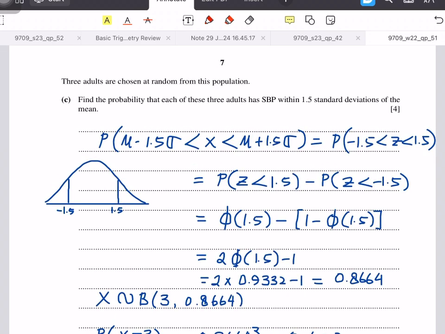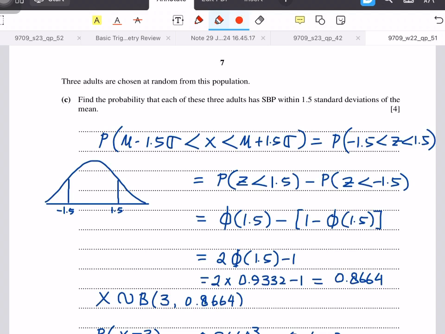Now, 3 adults are chosen at random from this population. C. Find the probability that each of these 3 adults has SBP within 1.5 standard deviations of the mean.